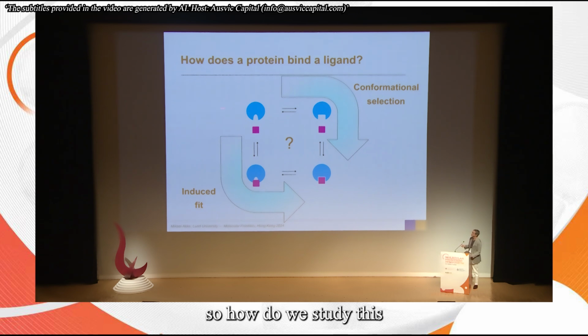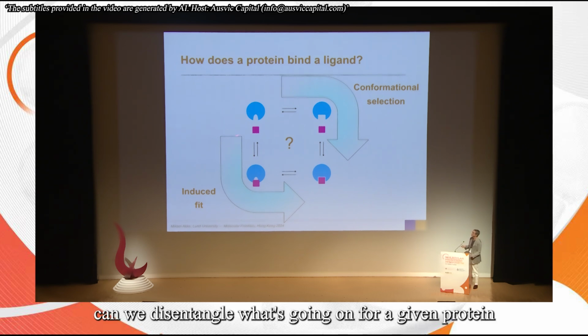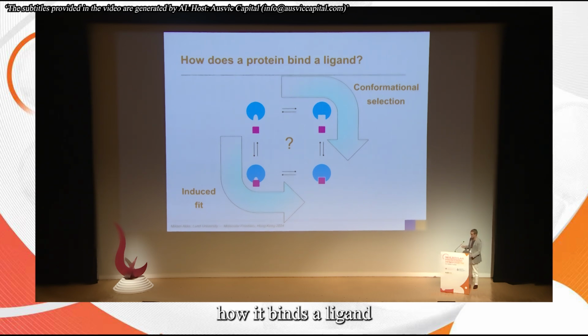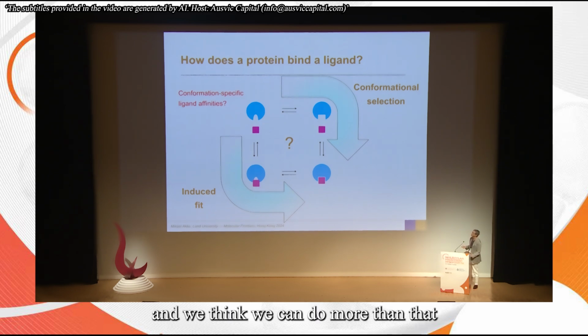So how do we study this? Can we disentangle what's going on for a given protein, how it binds a ligand? And we think we can. And we think we can do more than that. There are other questions associated with this if you want to address the question, does it bind this way or that way?